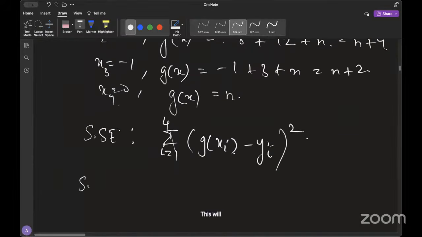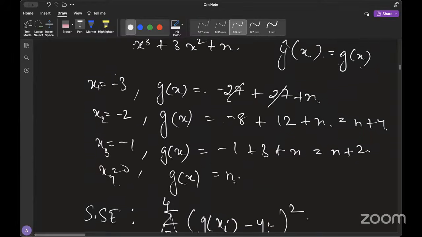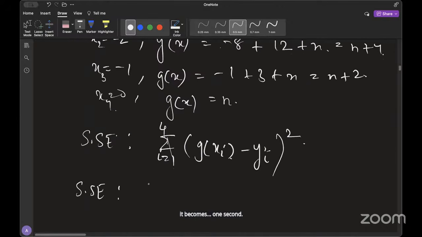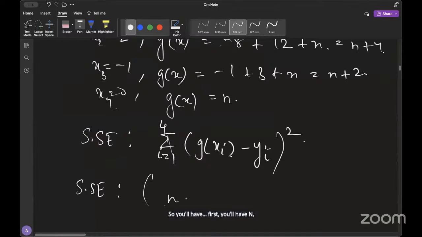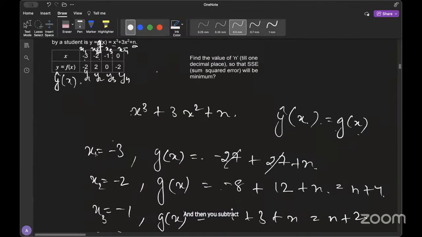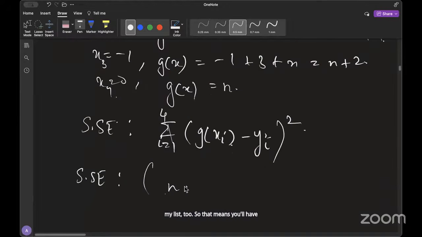This will be it. So your sum of squared errors becomes, first you'll have n, and then you will subtract y1 from it, which is -2. So that means you'll have minus of -2, so +2 here, squared.